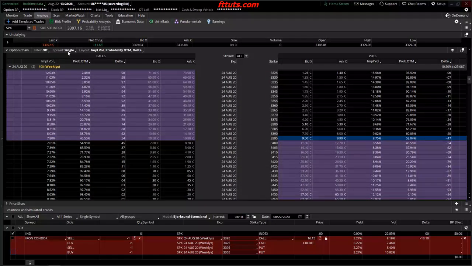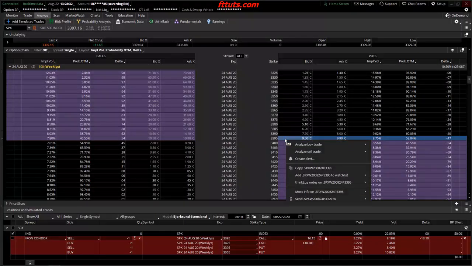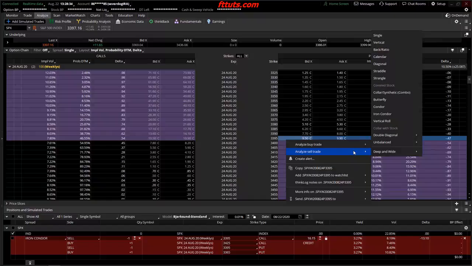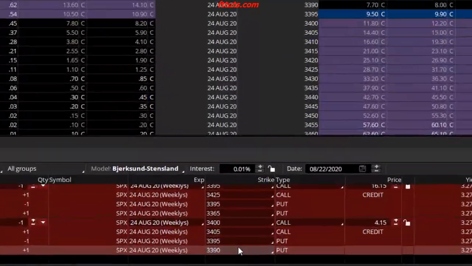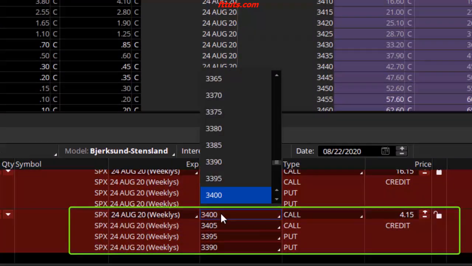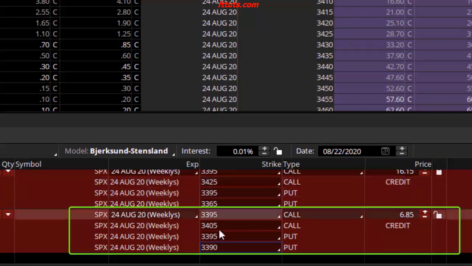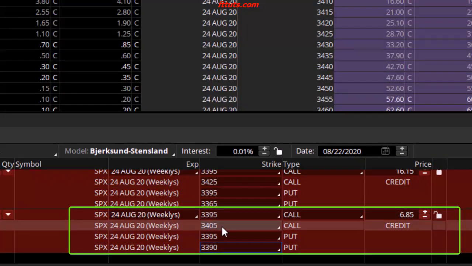So if our center strike price here in this case is 3395, let's go ahead and set up that trade. We'll drop it into the analyzer and take a look at this. So we're going to set this up as an Iron Condor, and we're going to set the center strike at 3395 in both cases, and then I'm going to go out 10 points.